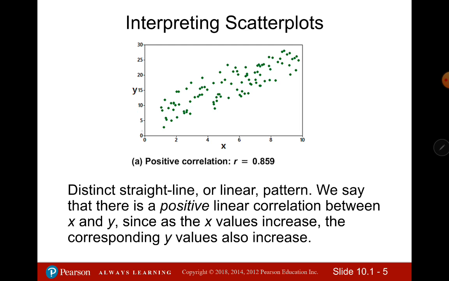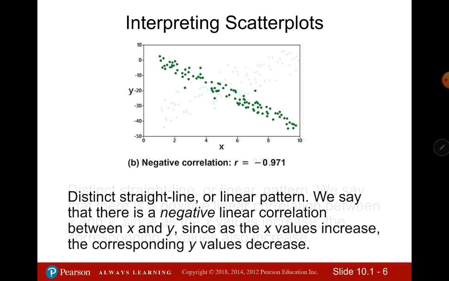And we will say it is approximately a straight line. For this kind of shape, we know the slope is positive. So we will say it's a positive linear correlation between X and Y. The slope tells us it's positive.